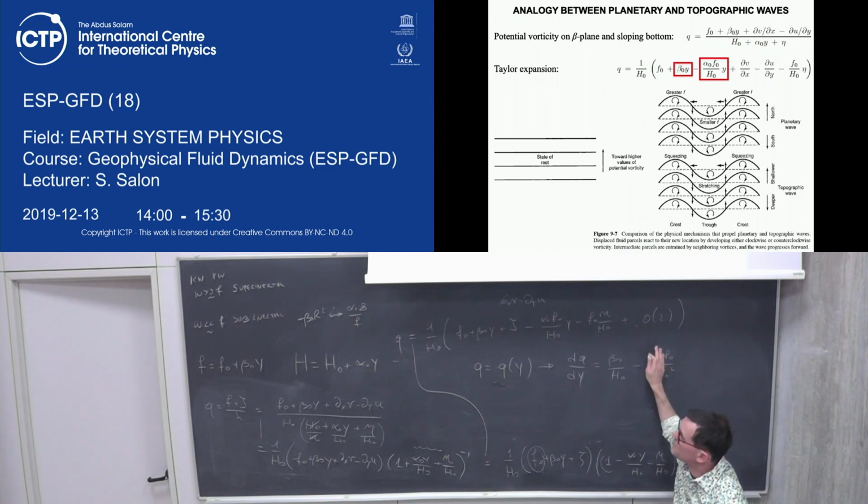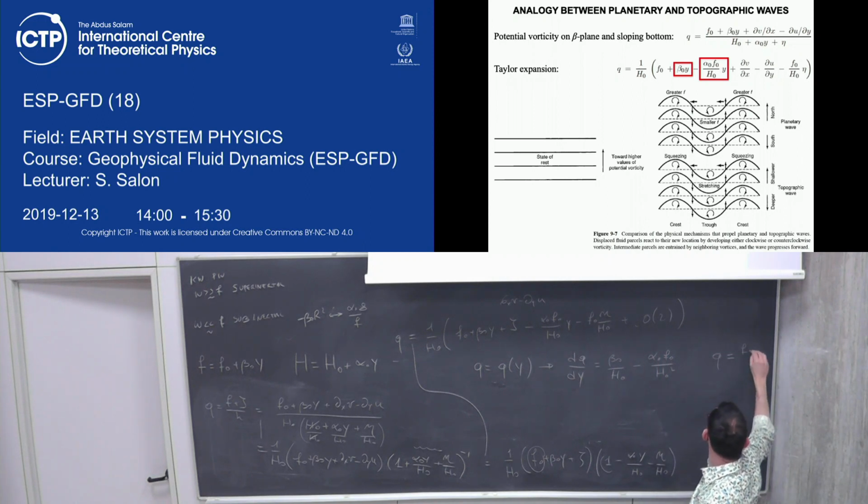So for geostrophy, I can neglect this term here, and what I have is simply that Q is equal to F plus zeta divided by H, or simply F divided by H, if F is much larger than zeta.